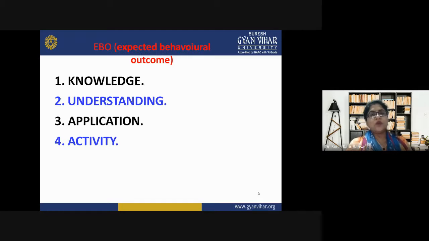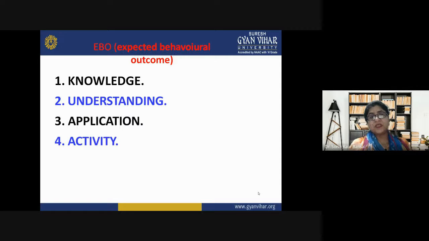Maybe you are going to give another application, for going to a marriage. But once you have given the format, the students are going to apply their knowledge in that form, and they will be writing the application with the correct format. So this is the EBO that the teacher is expecting.